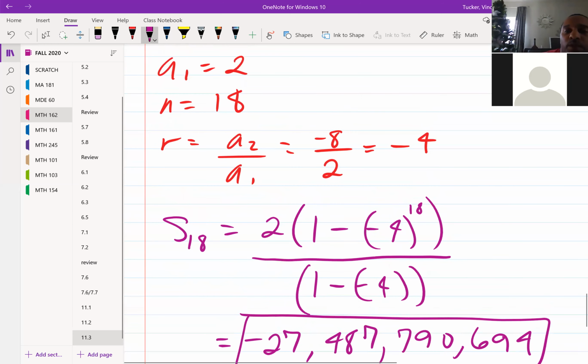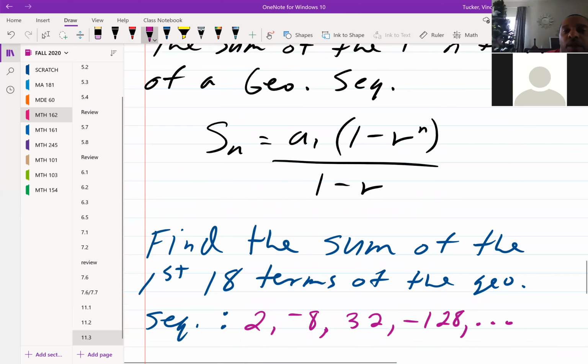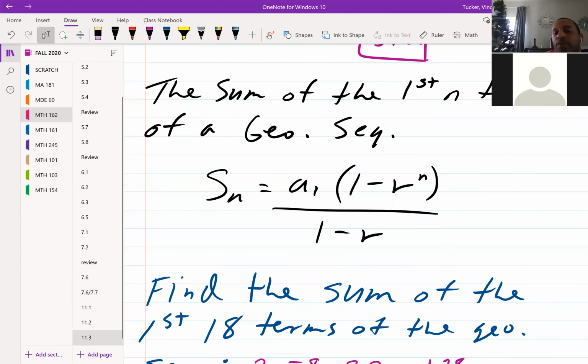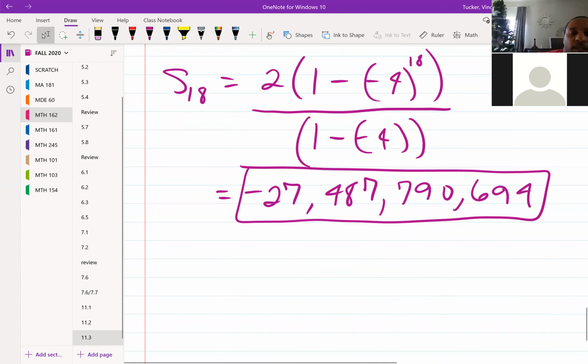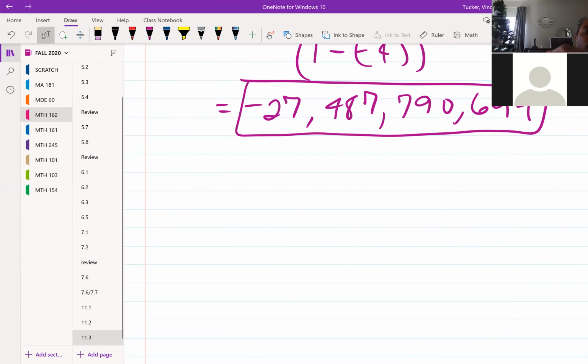This is considered a partial sum when you add up to a certain term. Here we add up to the 18th term. But the next thing we're looking at is the sum of an infinite geometric series, and how we would be able to find that.